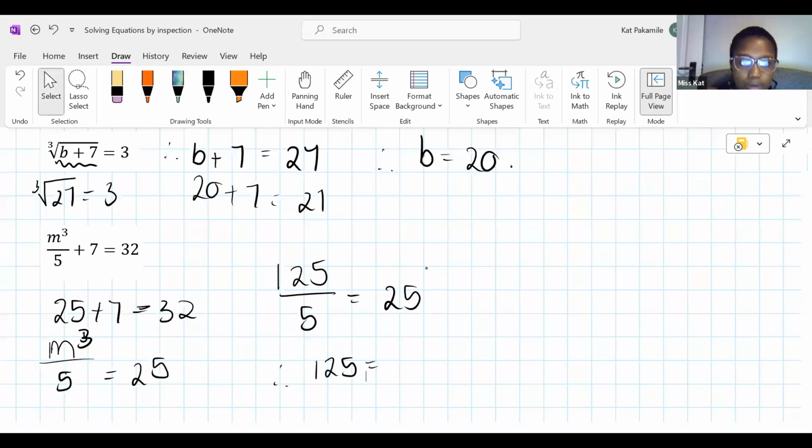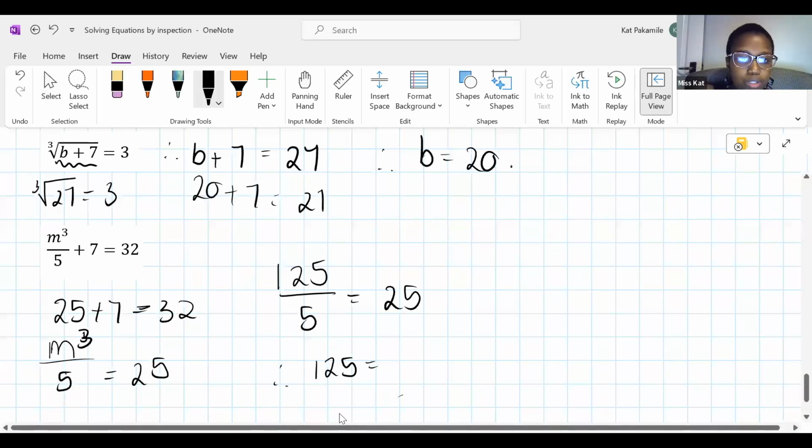Thank you, Gwen. m cubed. And then what cubed is equal to 125? Which number cubed is equal to 125? That would be 5. 5 cubed is 125. Therefore, m is 5.